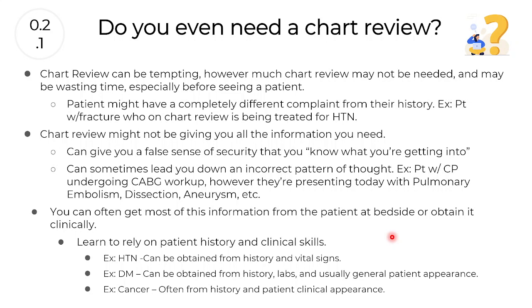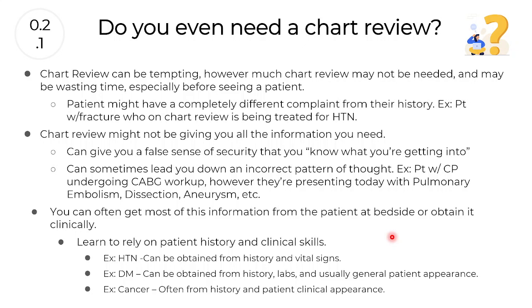The next thing is, a chart review might not give us all the information we need. It may give us a false sense of security that we know what we're getting into. For example, we could see a patient with a history of hypertension and diabetes who is having some chest pain, so we think this might be something cardiac.